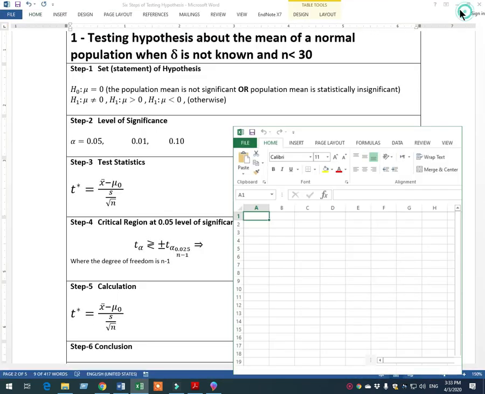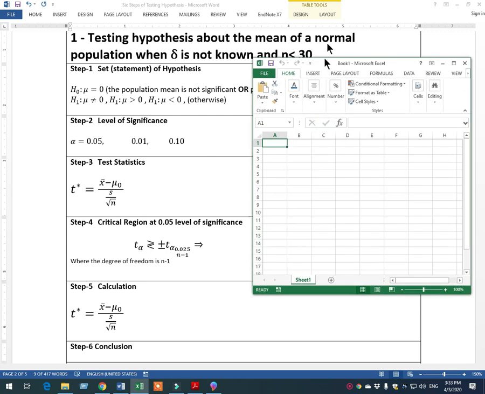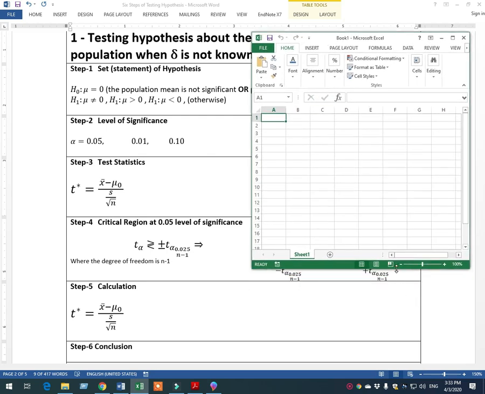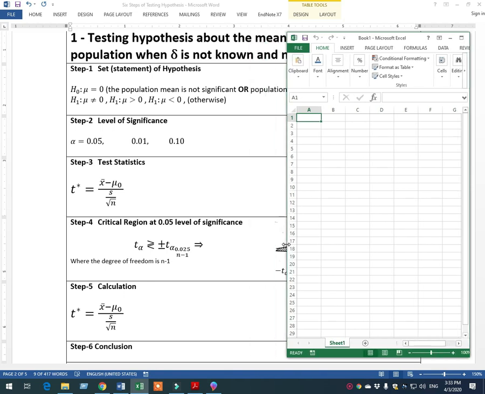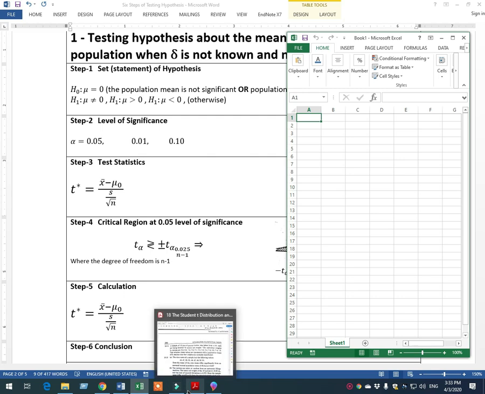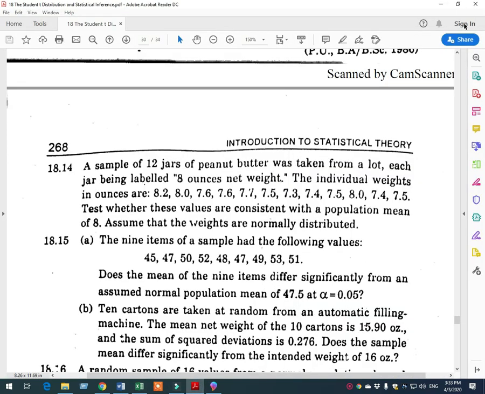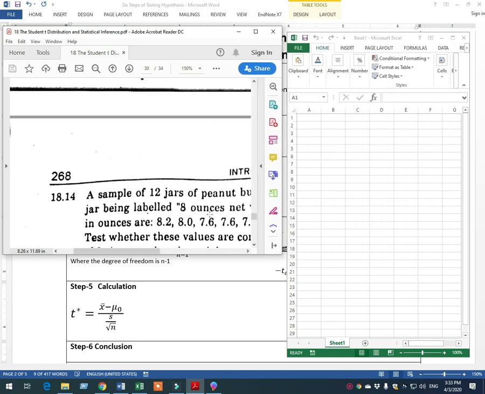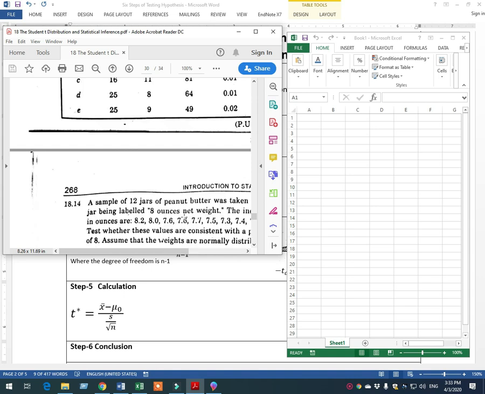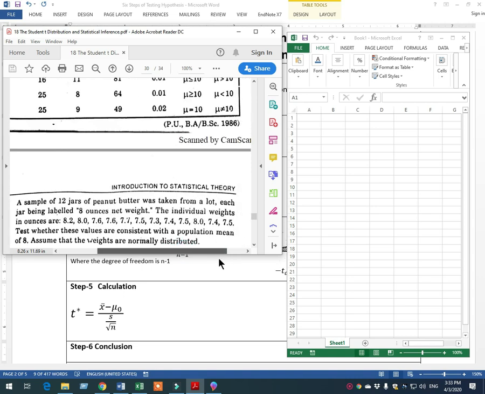I will be using a smaller area, because the values are not that many. So I'll be taking help from this Excel sheet while the question is there. We just minimize the question up to this section so that we can have the values.